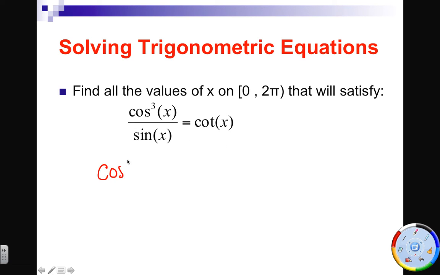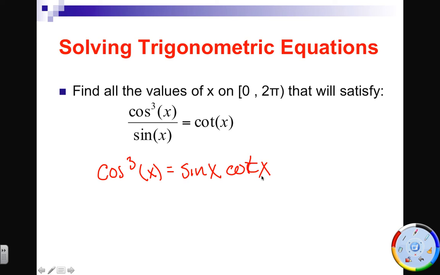So here I'm going to get cosine cubed x. Basically, guys, by the way, this is all between 0 and 2 pi. That's just one time around the circle. What values am I going to be able to plug into this that will make this a true statement? So if I'm here, I'm going to multiply by sine, get rid of this fraction. I get sine x times cotangent x.